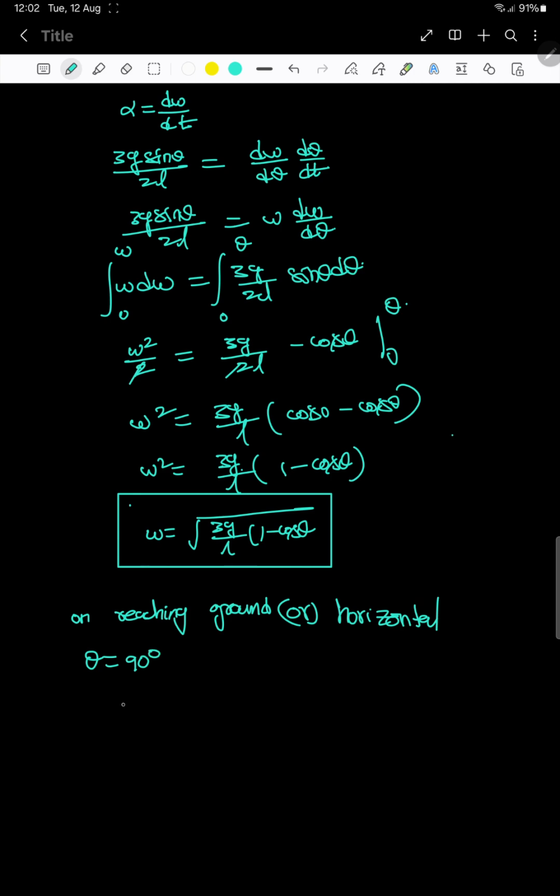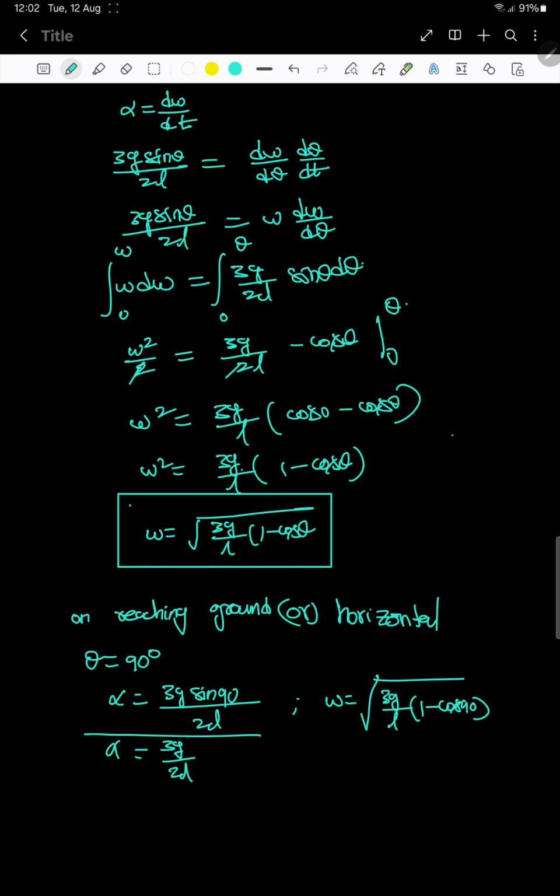So angular acceleration alpha is equal to 3g sine 90 upon 2L, and angular velocity omega is equal to root over 3g by L into 1 minus cos 90. So alpha is equal to 3g by 2L, and omega is equal to root over 3g by L.